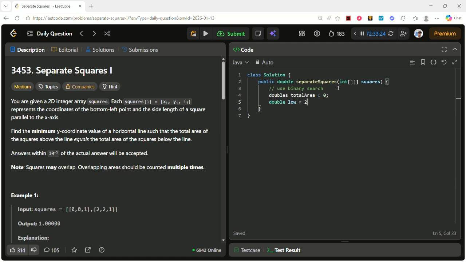So that's the approach, now I write the code.